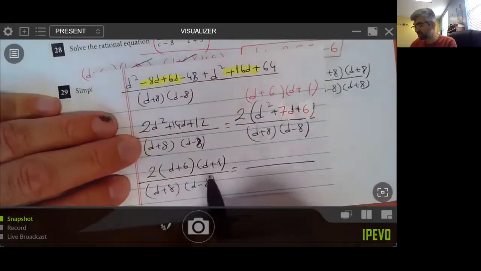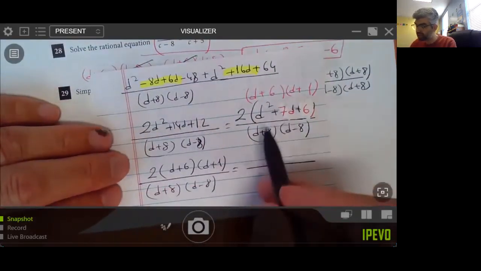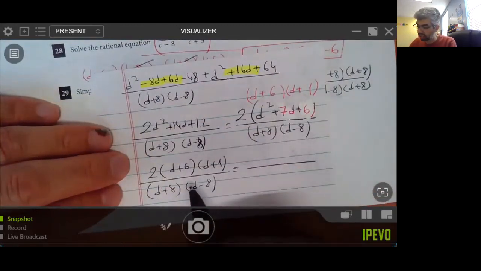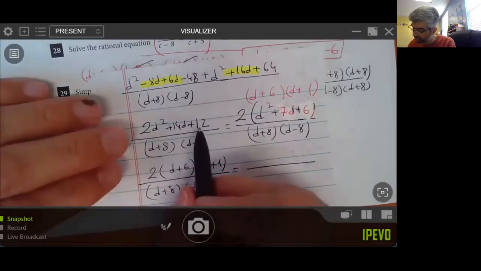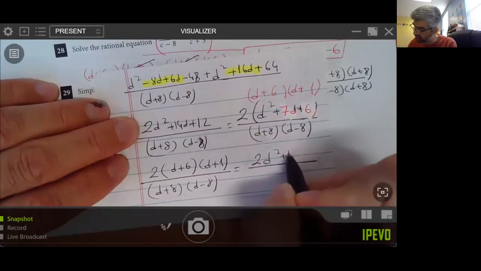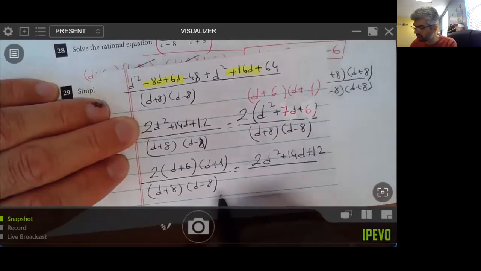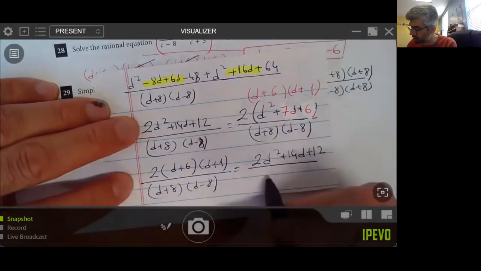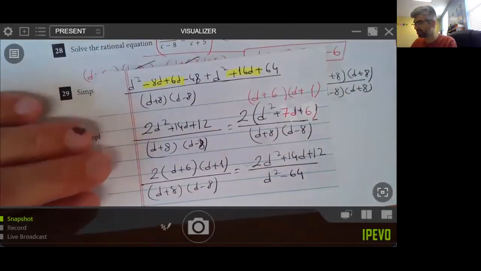Since I factored the numerator to check if they have any common factor, so I could simplify them. There is none. So I can go back to this as a final answer. 2D squared plus 14D plus 12 over, hey, what do we have here? D plus 8, D minus 8. This is D squared minus 64, right, guys?